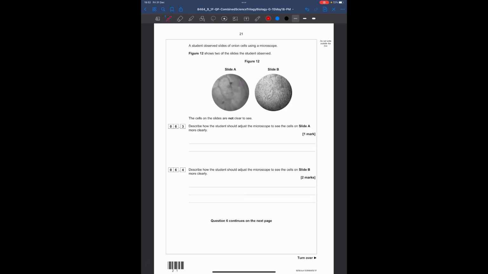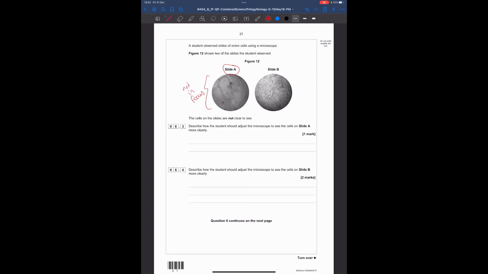A student observed slides of onion cells underneath a microscope. The cells on the slide are not clear to see. Describe how the student could adjust the microscope to see the cells on slide A more clearly. Okay, so we can see that these slides, they're a bit blurry because they're not in focus.